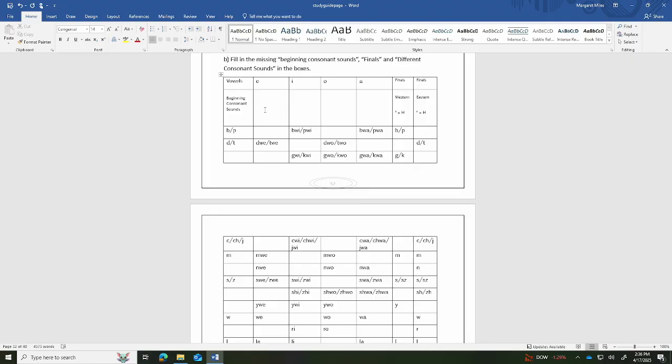So you will fill in the vowels, and the finals also. Again, you will need to use your chart.